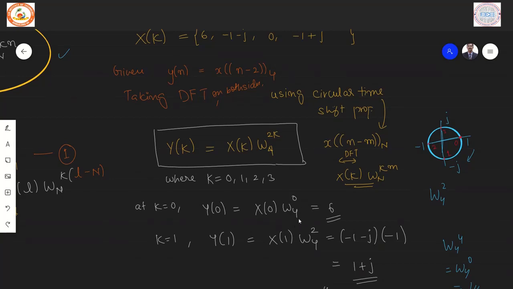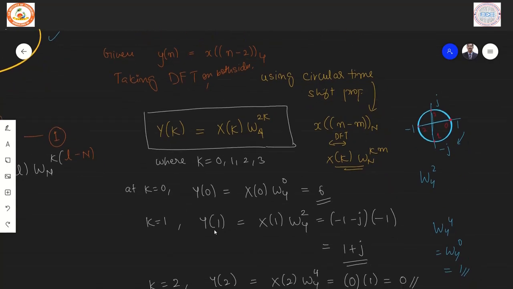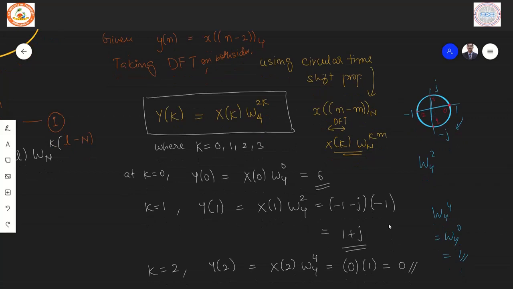W4 to the power of 0 is equal to 1, hence the answer is 6. Similarly, k equal to 1 gives y of 1 equal to x of 1 into W4 to the power of 2, and substituting the value of W4 to the power of 2, which is minus 1, along with the value of x of 1, we simplify and get the answer 1 plus j.